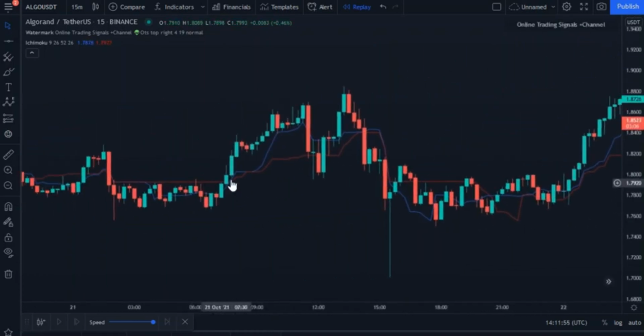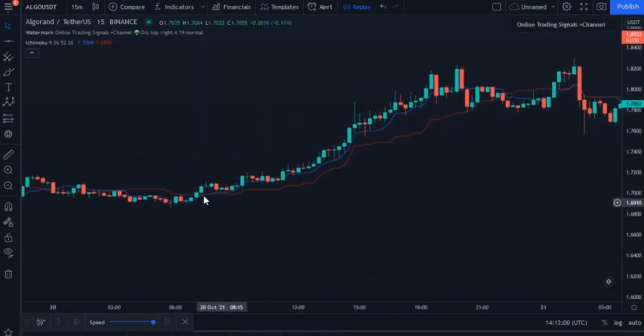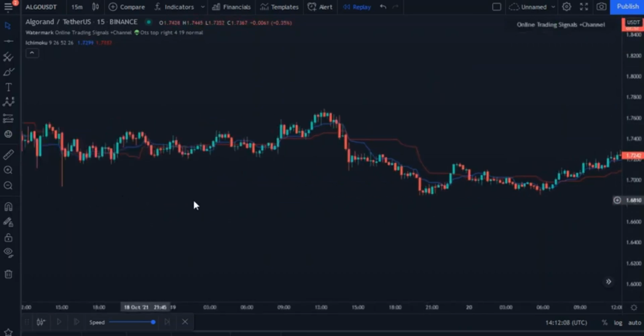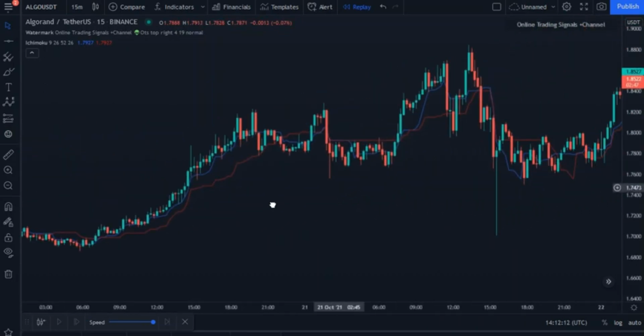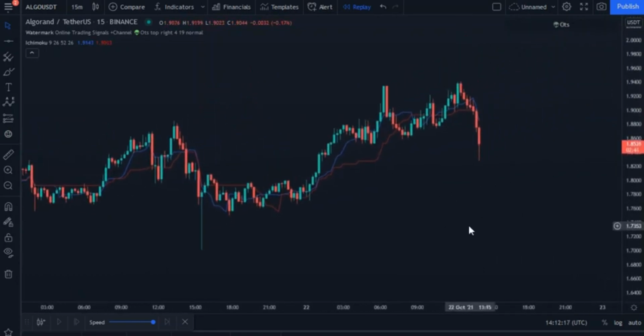Like this intersection. And this. And when the blue line crosses the red line down, it's the opposite, as here.